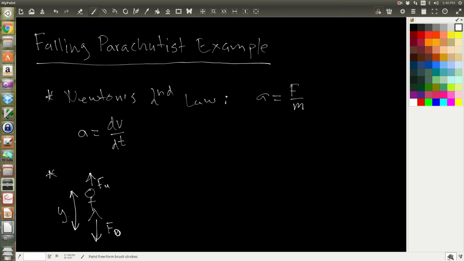This is going to be y, for the vertical coordinate. I'm going to say the downward direction is positive and the upward direction is negative. So the forces include both gravity, which is pulling the parachutist down, and air resistance, which is working against gravity.